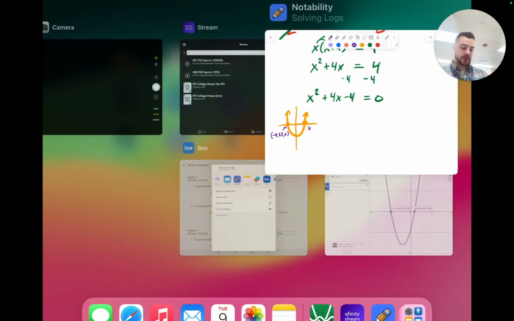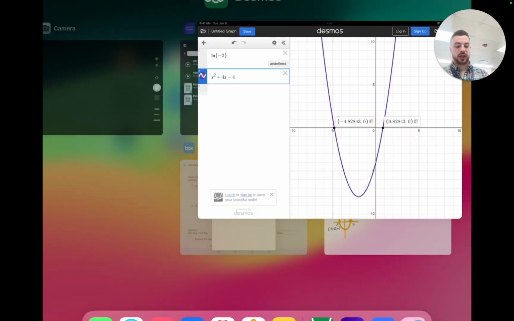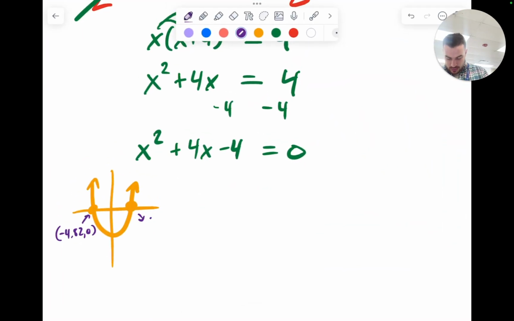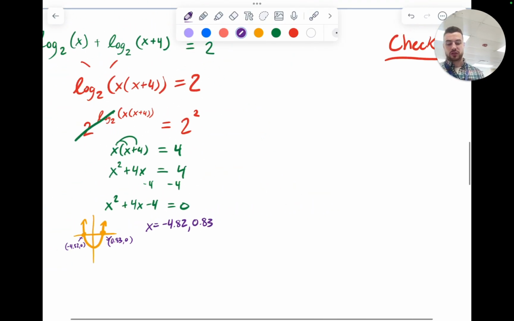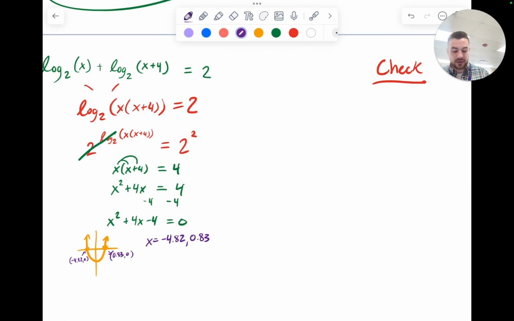And then we get about 0.83. Those are going to be our solutions. Those are really irrational numbers here. And we can kind of double check by plugging into our original. Now, it's not going to work out perfectly because we are rounding.